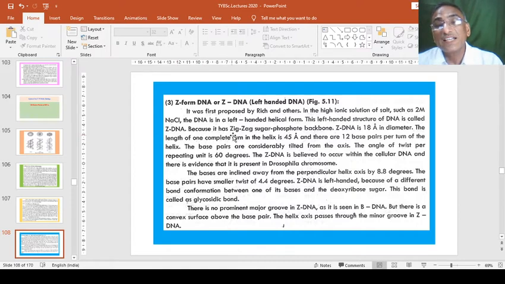because it has a zigzag sugar phosphate backbone. Therefore, the strands are zigzag phosphate backbone structure, and ZDNA is 18 angstrom in diameter. The length of one complete turn in the helix is 45 angstrom, compared to what we have seen in beta form, 34 angstrom.